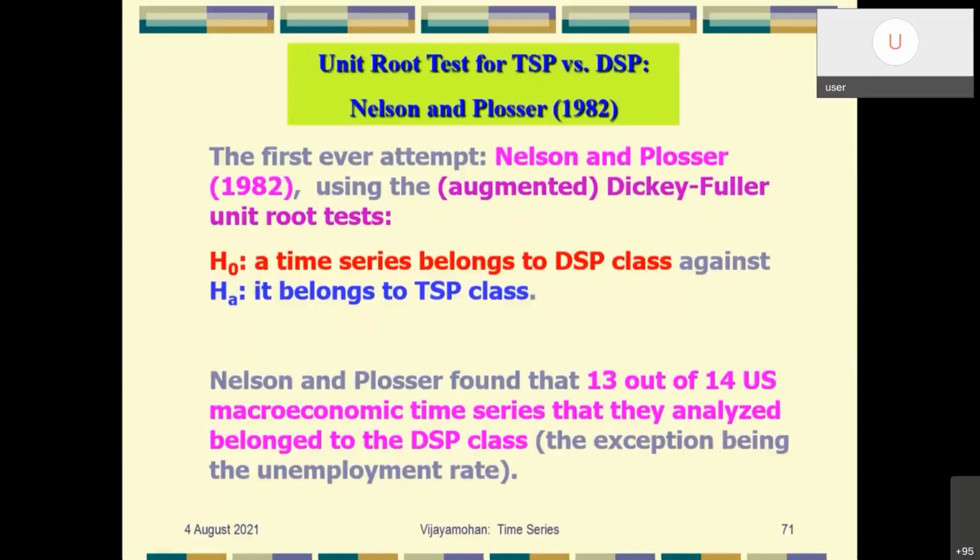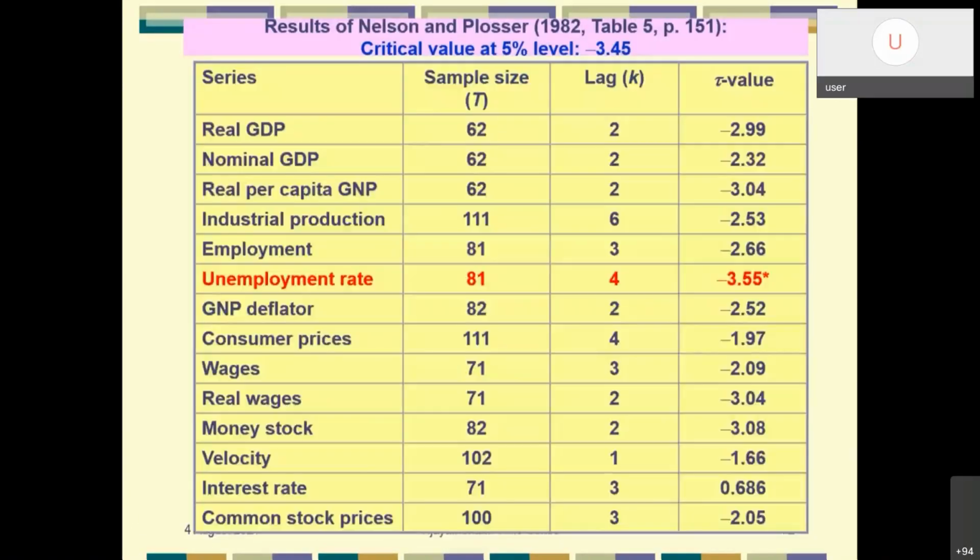And they carried out the augmented Dickey-Fuller test on 14 US macroeconomic time series. And they found that 13 out of the 14 belong to the DSP class. The only exception was the unemployment rate. These are the variables that they used.